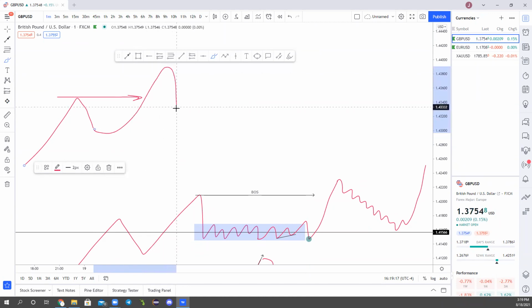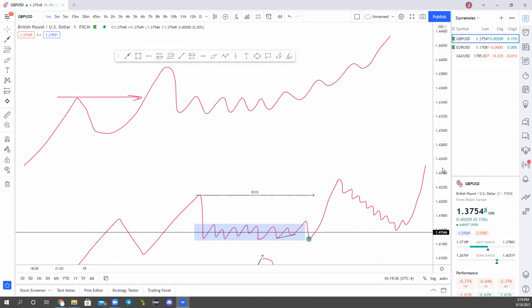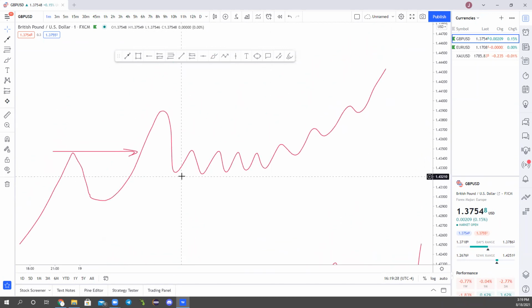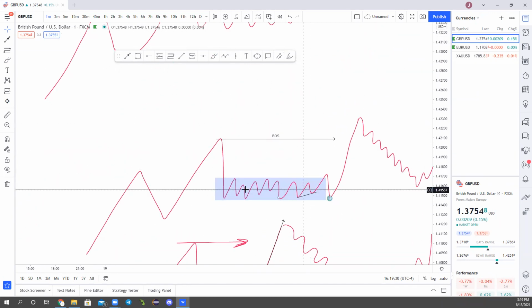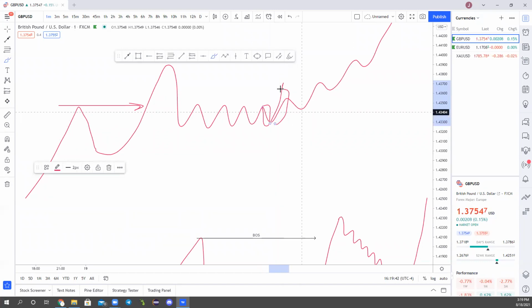What I'm saying is you retrace and then you just start doing this. That's not really what you'd like to see, because yes, these are equal lows, but you don't have any sponsorship that came into the market that caused you to really push away, like a sell and then a buy up, right? You don't get that here. It's just trickle, trickle, trickle.